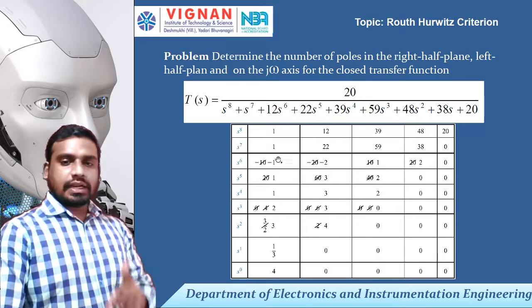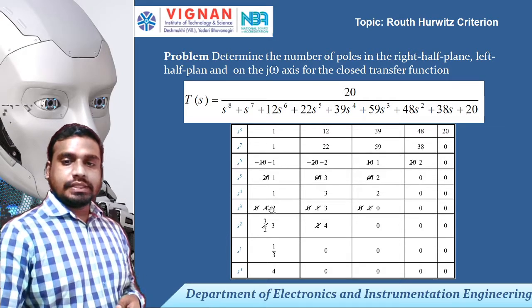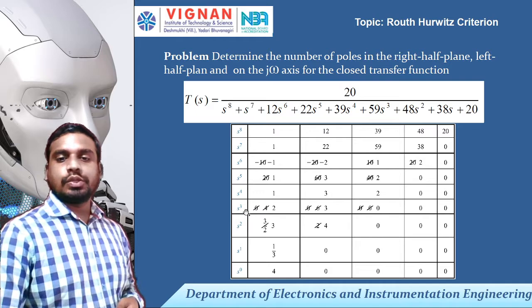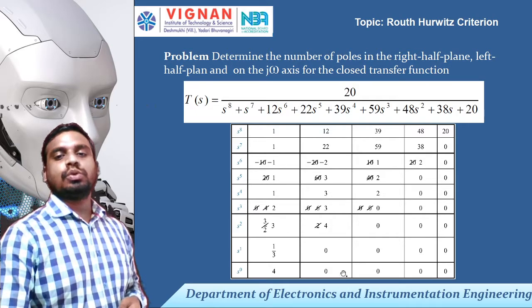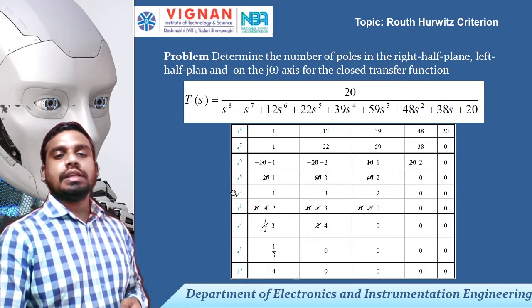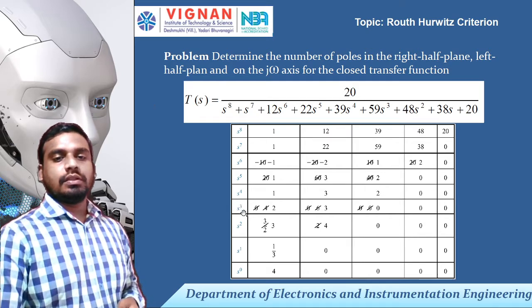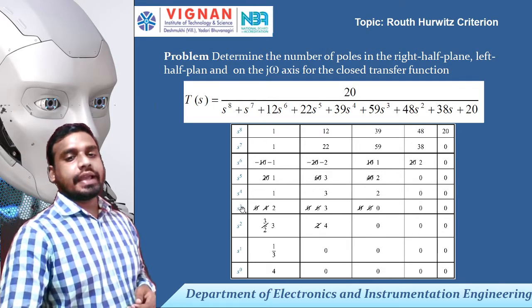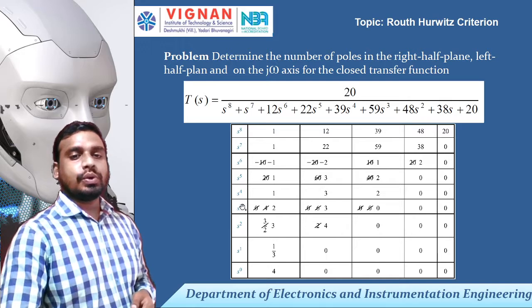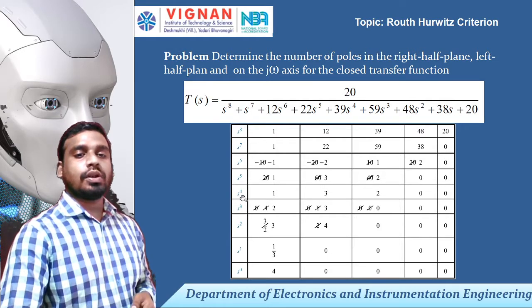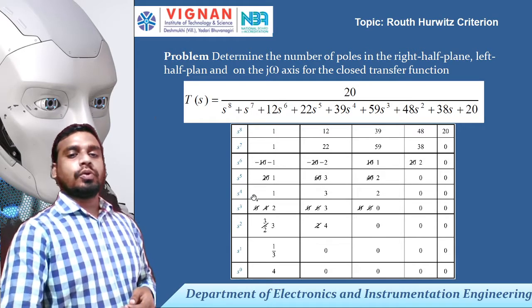So when you calculate, you will get 0, right? 0 in the s cube term, zeros in s cube. And what we said is, when you get s cube as 0, you have to take the auxiliary polynomial with s power 4.